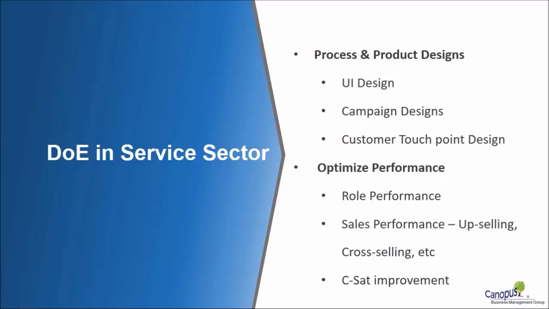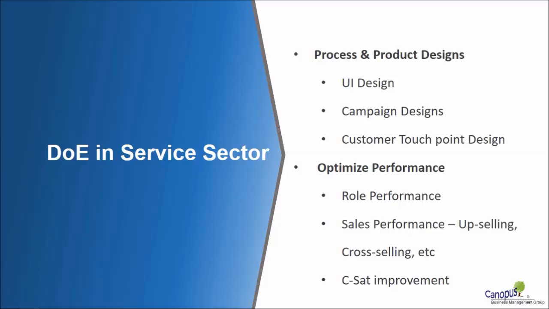So where can I apply DOE in service sector? You can apply it whenever you want to design your processes or products. It could be to do with user interface designs or marketing campaign designs, or you want to design the touch point of your customer interface, or in cases where you want to optimize the setting of your process, the performance of your process, then in such cases you can again use DOE.